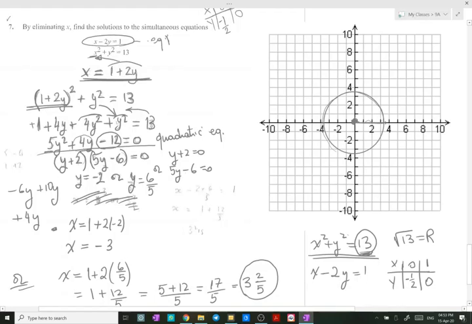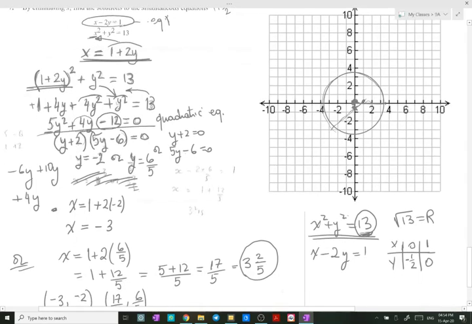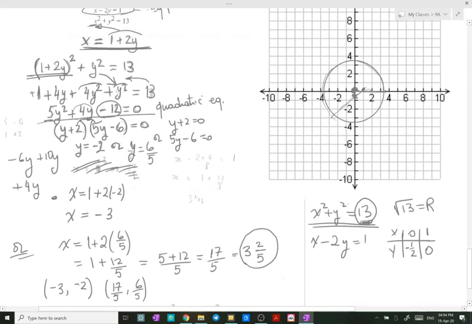So minus half for y is here, and 1 for x is here. Joining these points and elongating, you are going to get an intersection between the circle and the line.